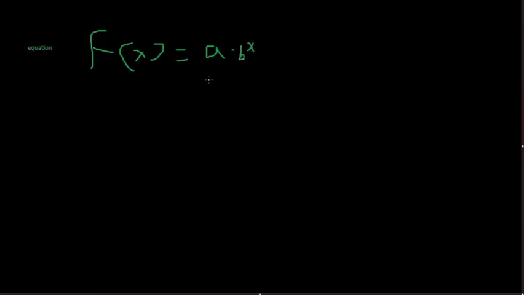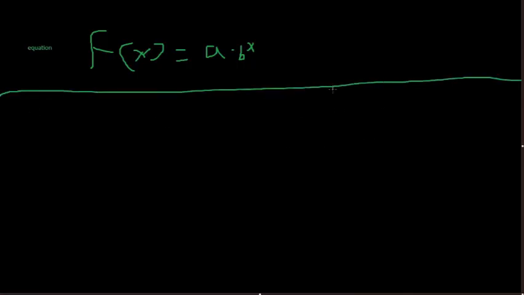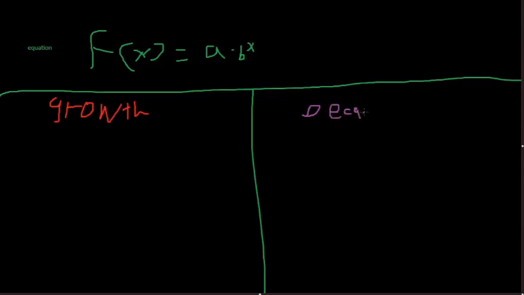This is the equation for an exponential function, and there are two main ways it can be formatted. The first is exponential growth, which is the most common one, but there is also exponential decay.